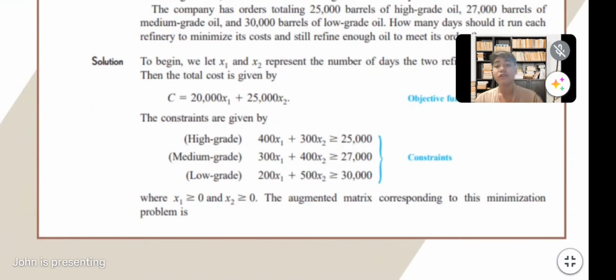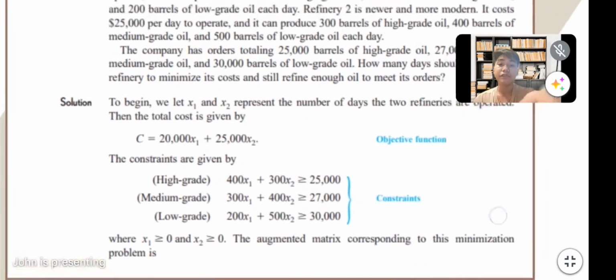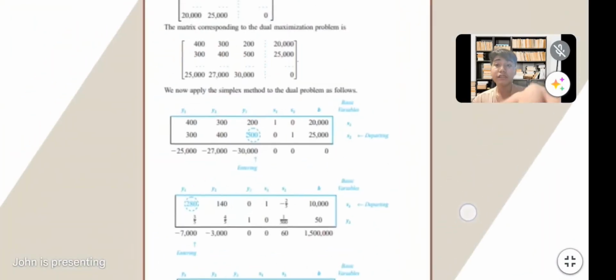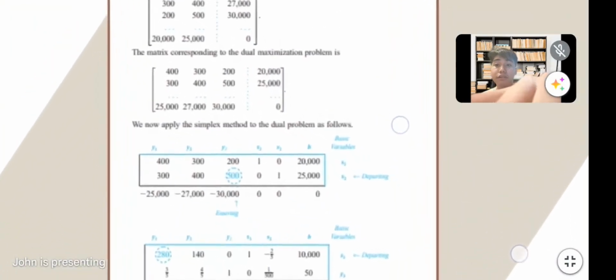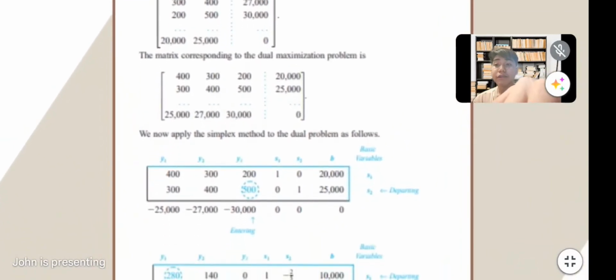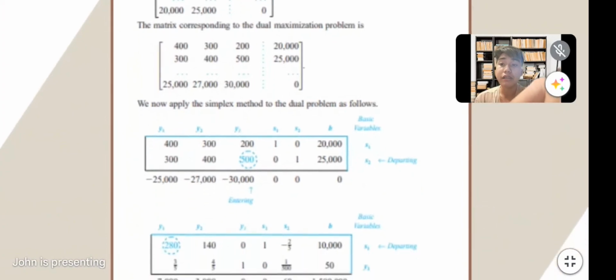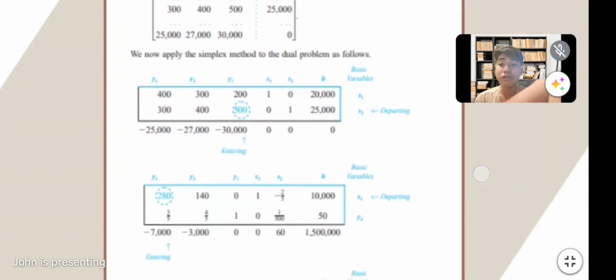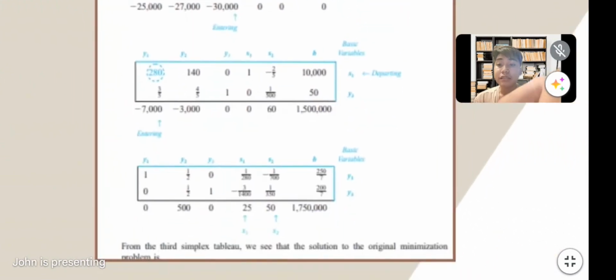Then you do the augmented matrix, same as 1 and 2, and this is how they show it in the table. The matrix corresponding to the dual maximization problem, then apply the simplex method to the dual problem as follows, as the table shown below.